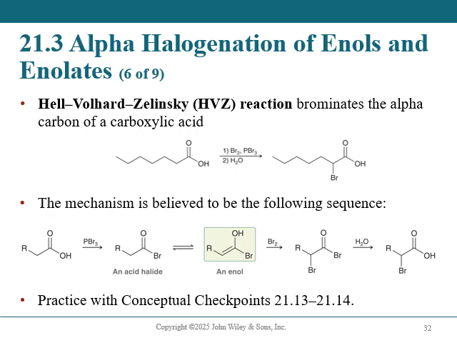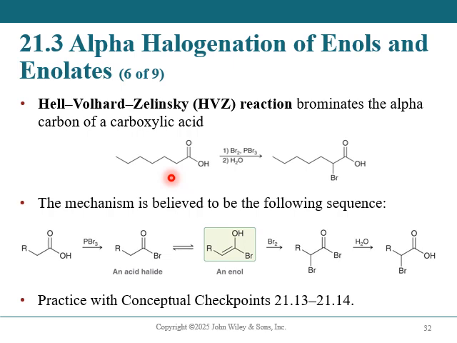Now let's talk a little bit about the HVZ, or the Hell-Volhard-Zelinsky reaction, which brominates the alpha carbon of a carboxylic acid. So you look at a carboxylic acid, look for the alpha position, and here's where you're going to get that bromination. The mechanism is believed to be the following sequence. Now these reactions are fairly fast, so some of those intermediates are very difficult to catch and figure out.